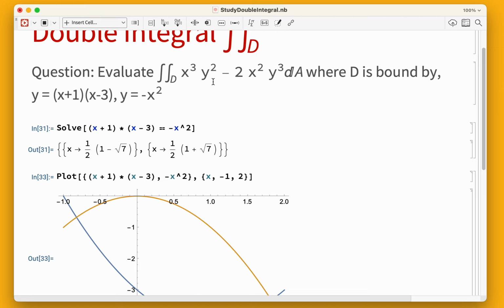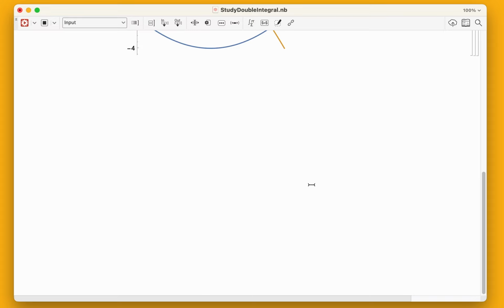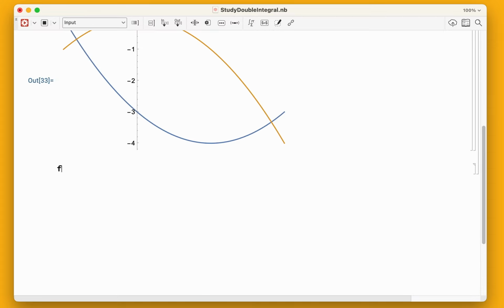So we have this function x cube y square minus 2x square y cube. We'll write it first. Let me write the function. If we want to write it in a generic form, we have to write it like this by convention.